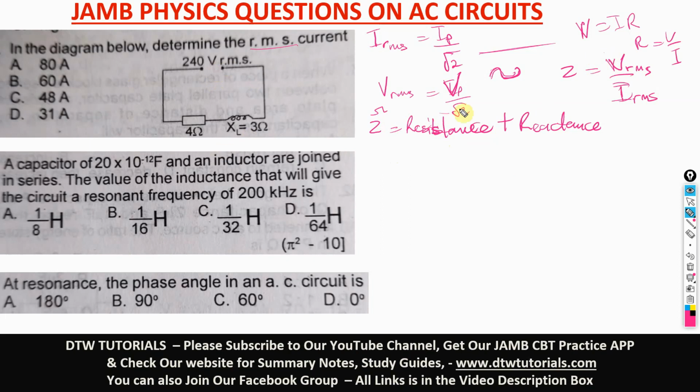So first, let's find the impedance of this circuit. For an inductive circuit, Z is equal to the square root of resistance squared plus inductive reactance squared.